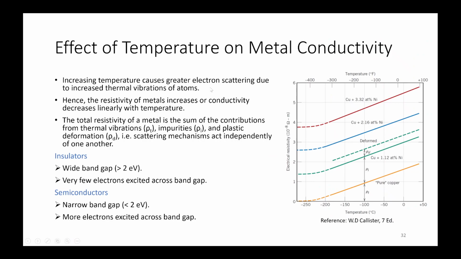Now, effect of temperature on metal conductivity. Increasing temperature causes greater electron scattering due to increased thermal vibrations of atoms.